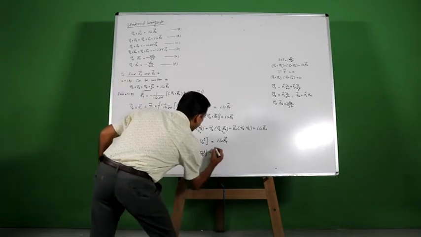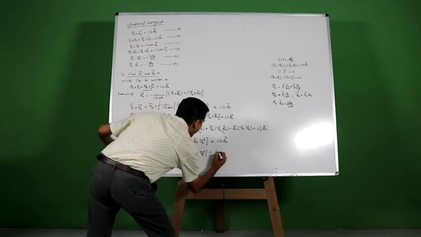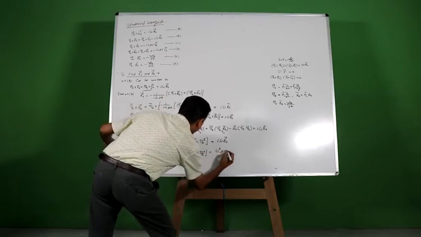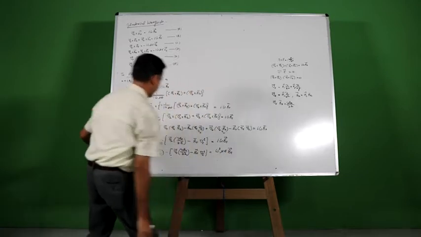So it becomes iota square is minus 1 omega square mu epsilon bt.